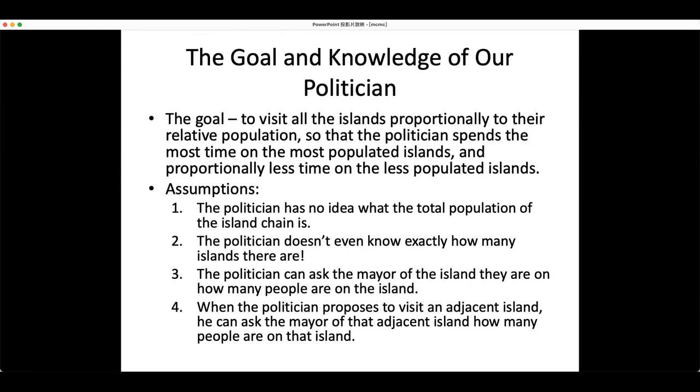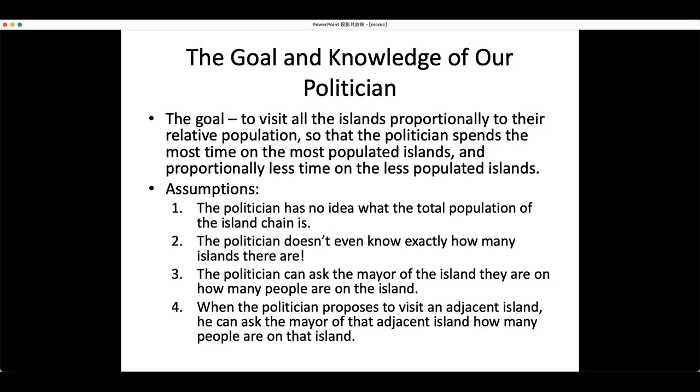For each island, if you are on the island, you can ask the population of the island. And if you propose to move to one side of the island, you can ask the population of the island you propose to move to.